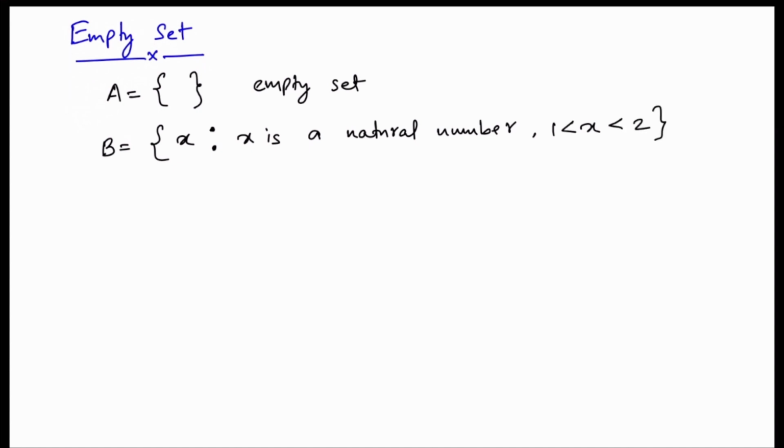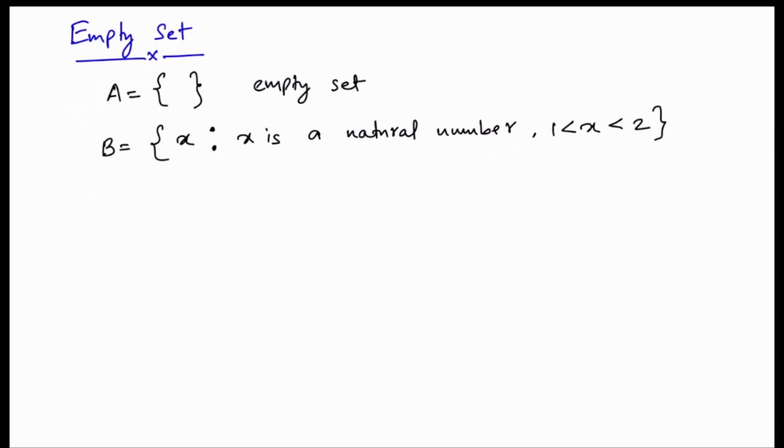So for example, I have taken a set which I have written in the set builder form. In the set builder form, it is given that x is an element of B such that x is a natural number and that element is less than 2 and greater than 1. Now there is no natural number in between 1 and 2.